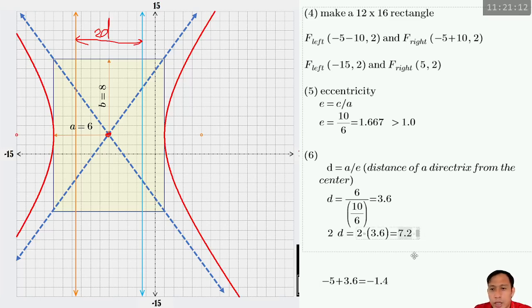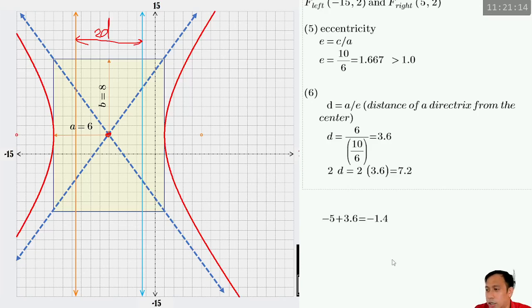Now, how about the equation of directrices? To find the equation, kanina, nag-solve ako dito, no? Vertical to. So, dapat x equal to constant, no? Yung constant is h minus d. So, h is negative 5 minus 3.6. That's equal to negative 8.6. So, yan yung equation.